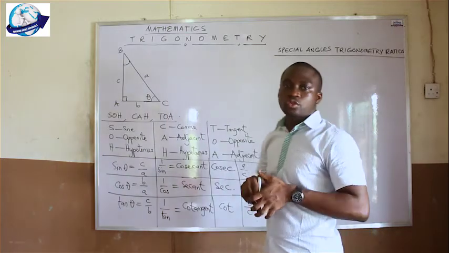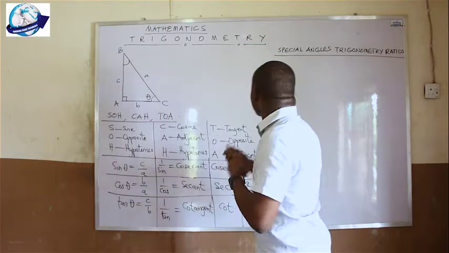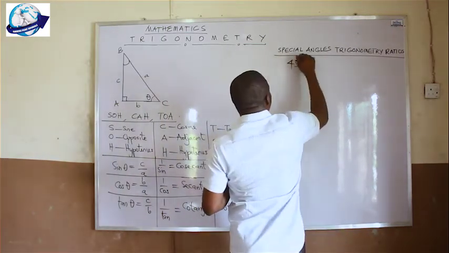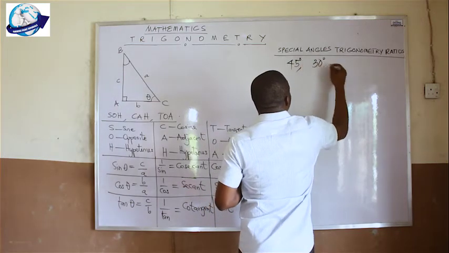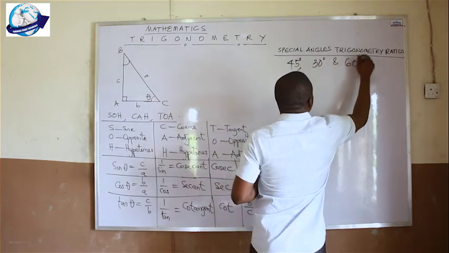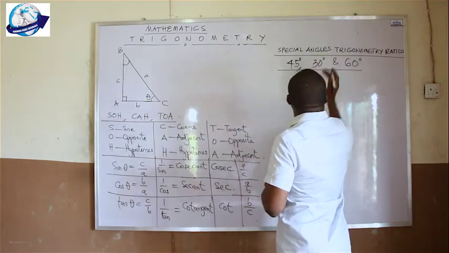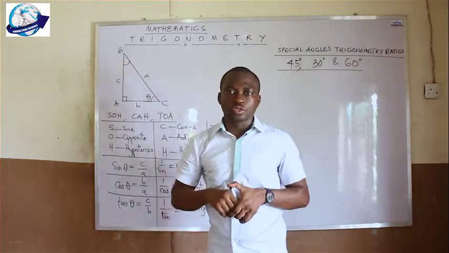What are those special angles? Number 1. Look at 45 degrees, 30 degrees, and 60 degrees. These are the 3 special angles trigonometric ratios.